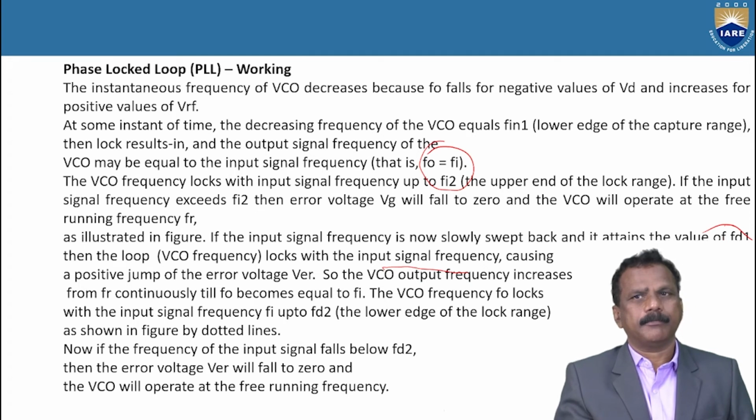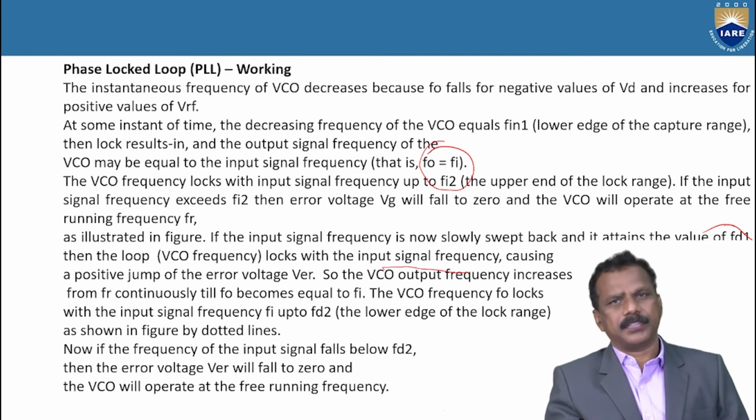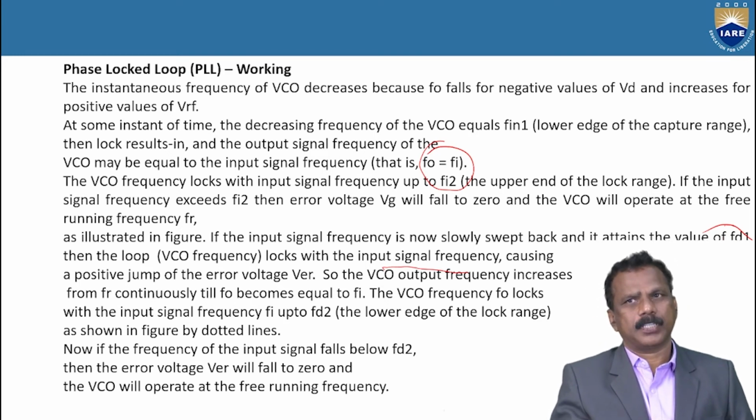The VCO frequency F0 locks with the input signal frequency Fi up to Fi2. That means the lower edge of the lock range, as per the figure mentioned.